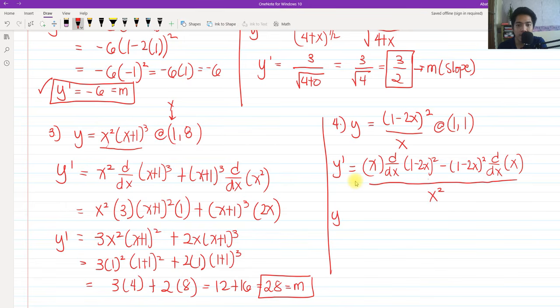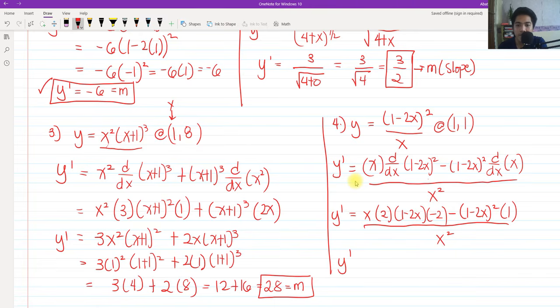So let's try. We have y prime, we have x, times the derivative of this, that's 2 times (1 minus 2x) times negative 2, minus (1 minus 2x) squared, differentiate x, which is 1, all over x squared.